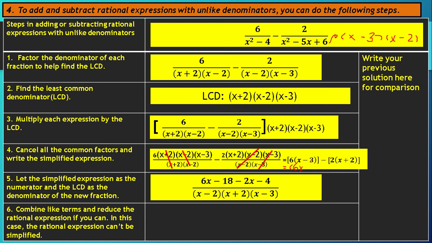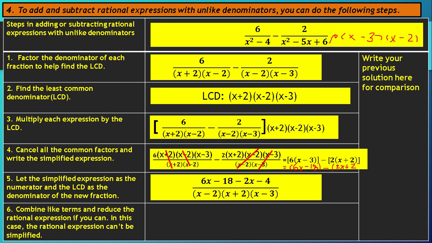6 times negative 3, that's negative 18. Negative 18. Minus, simplify naman natin itong nandito sa isa. So 2 times x is 2x. 2x yan. 2 times 2 is positive 2.